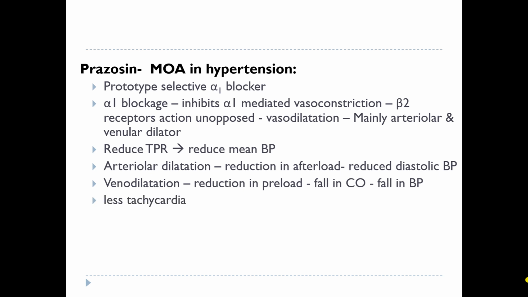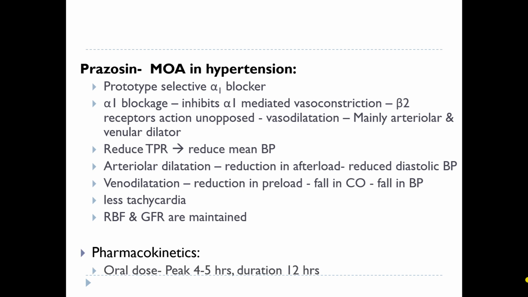The advantage is that they produce less tachycardia, because they block alpha 1 receptors on the heart also. Renal blood flow and glomerular filtration rate are maintained throughout the treatment. Pharmacokinetically, when we take the drug orally, peak effect is seen in 4 to 5 hours and duration of action is up to 12 hours.